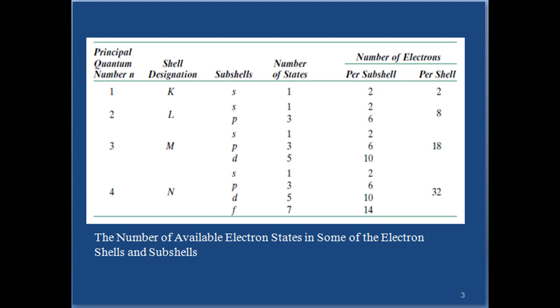Sometimes these shells are designated by letters K, L, M, N, O, and so on, which correspond respectively to n equal to 1, 2, 3, 4, 5 as indicated in table. Also note that this quantum number is also associated with Bohr model. This quantum number is related to the distance of an electron from the nucleus or its position.